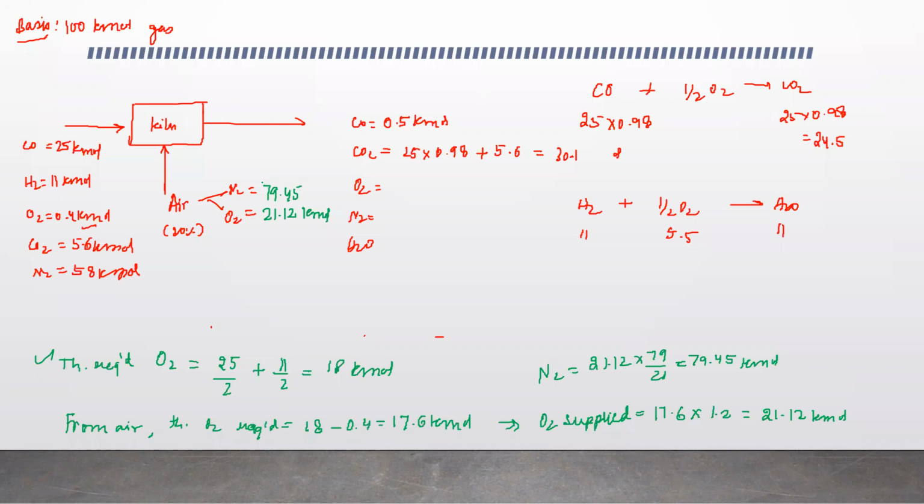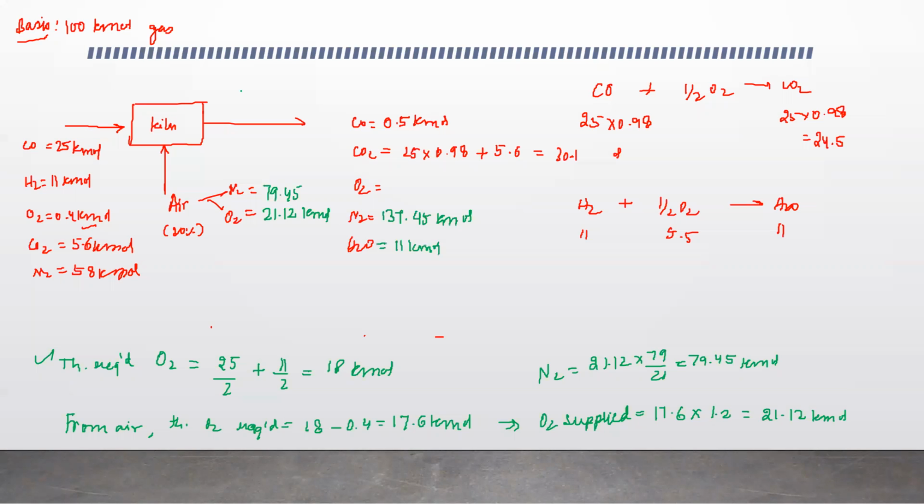Okay. So nitrogen in the flue gas is going to be 79.45, that is nitrogen that is supplied from here, plus nitrogen already there in the gas that has been supplied, that is 58 kilomoles. So altogether, it's going to be 137.45 kilomoles. Right? Then water that is going to be there, it's 11 kilomoles. Since there are 11 kilomoles of hydrogen, all of it is going to be converted into water. So you are going to get 11 kilomoles of water.